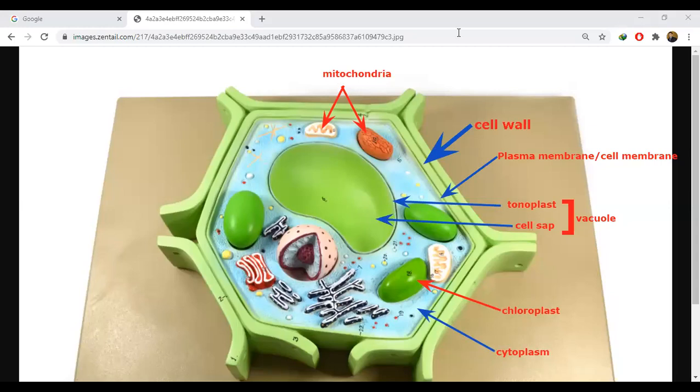Right. Similarly, this component is called Golgi body or Golgi complex or Golgi apparatus. What is the word in your diagram?